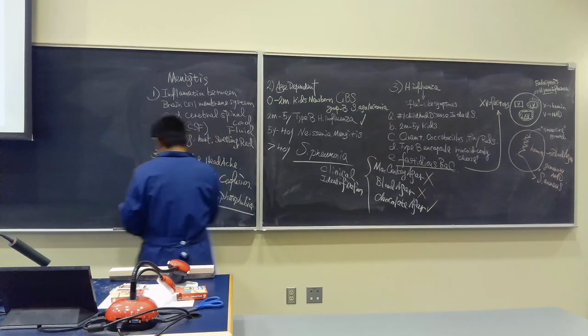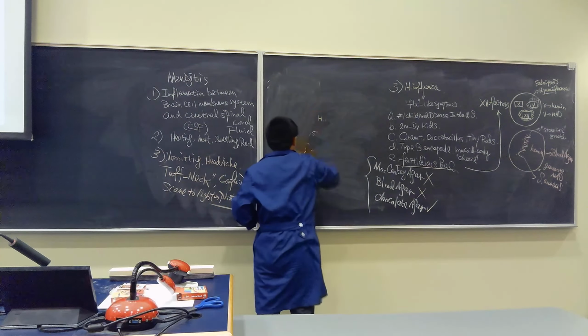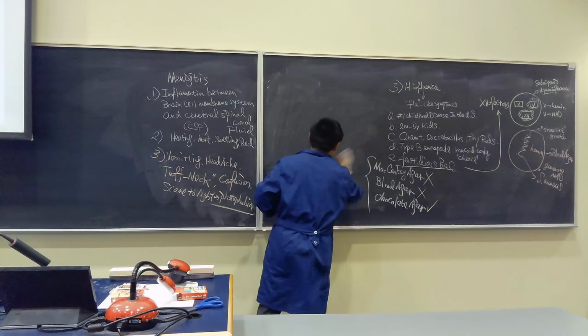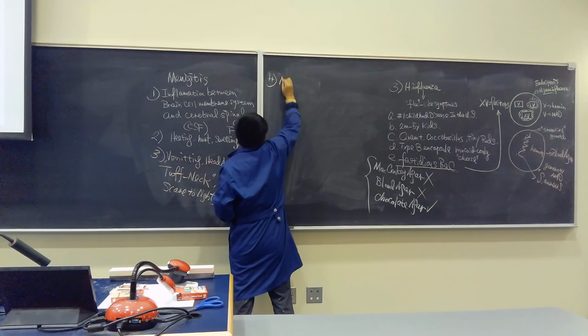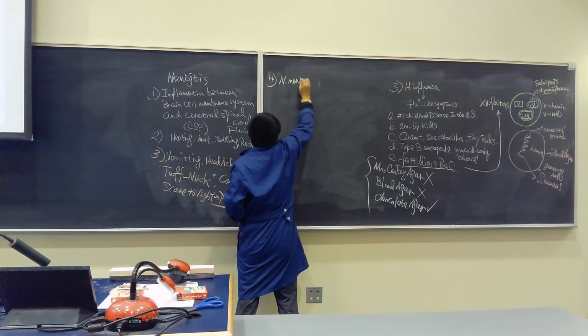Another pathogen we really want to talk about here, because it's related to all of you, that also causes meningitis, is Neisseria meningitidis. So the first one we want to talk about is Neisseria meningitidis.